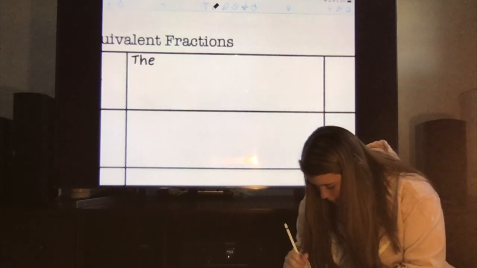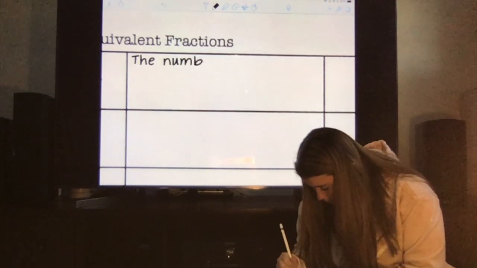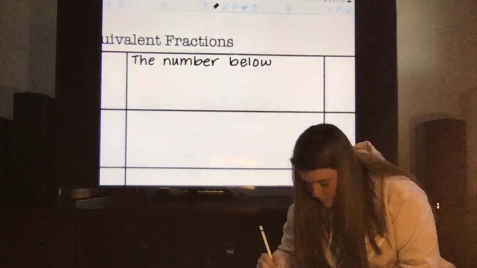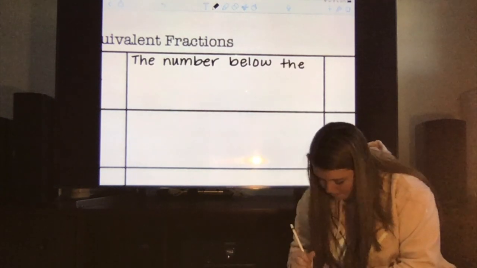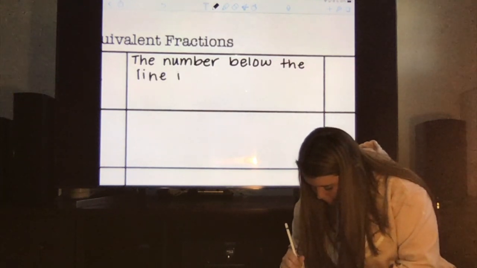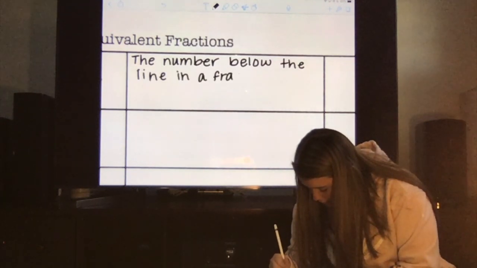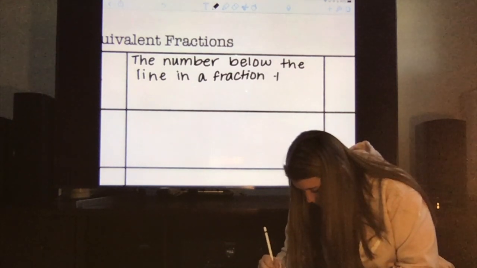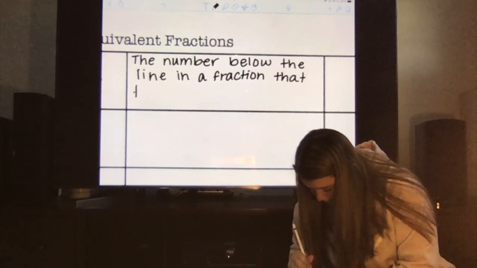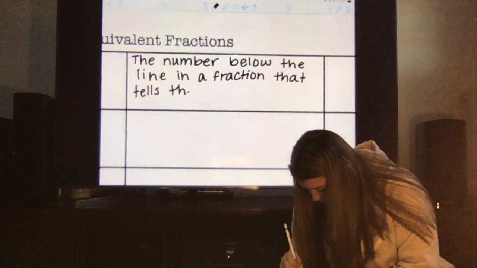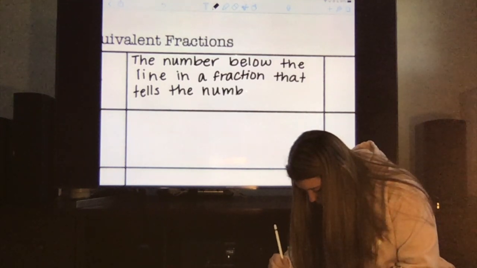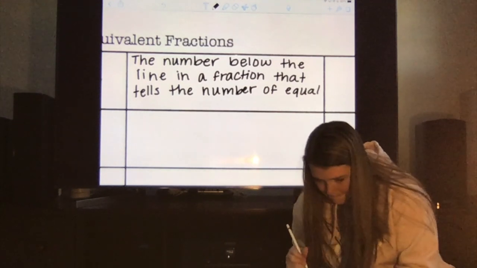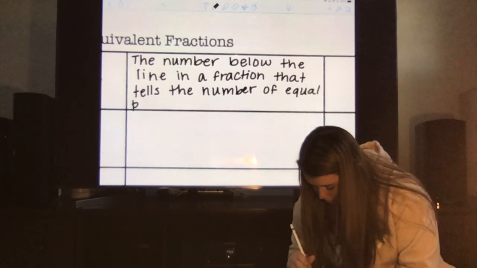The number below the line in a fraction that tells the number of equal parts in the whole.